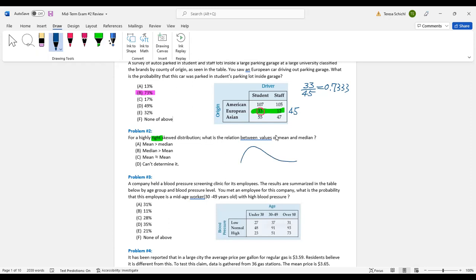Going further to the right are the largest numbers.